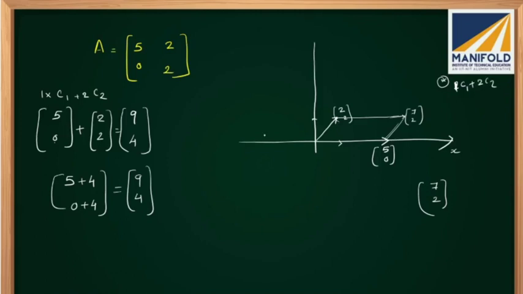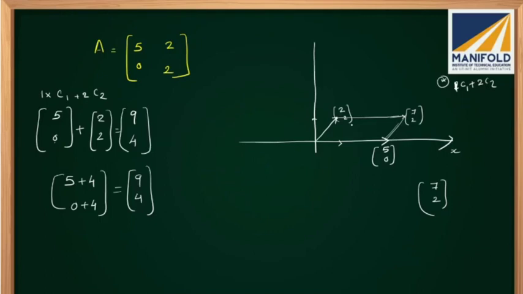Similarly, if you arbitrarily take any point in this particular plane, that can be written as a combination of these two vectors, a weighted sum of these two vectors. That is the meaning of spanning this particular plane with these two vectors.